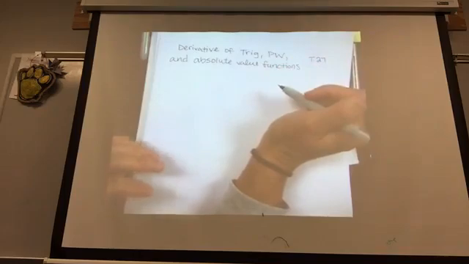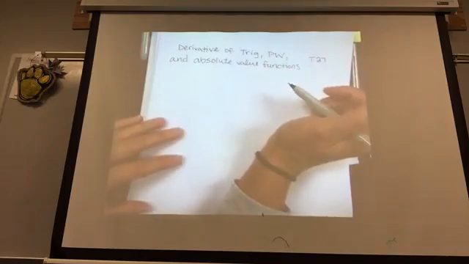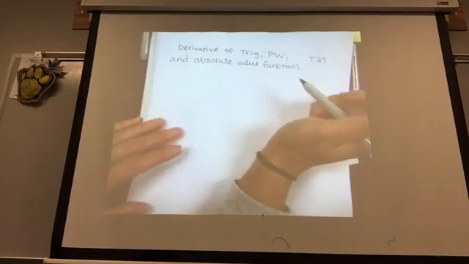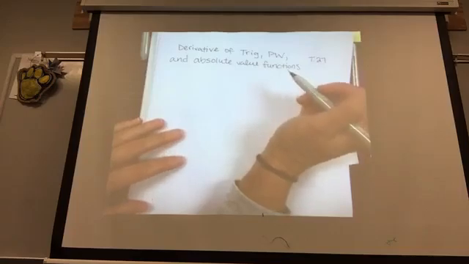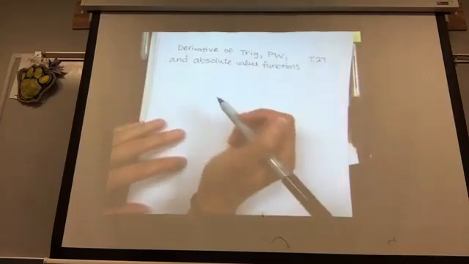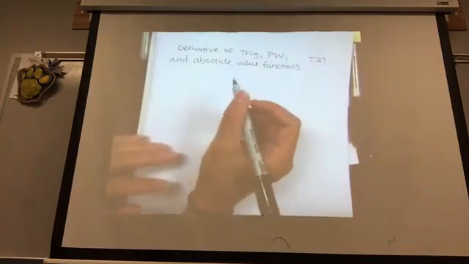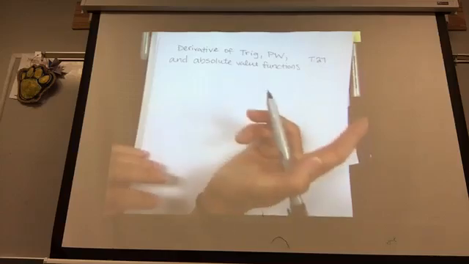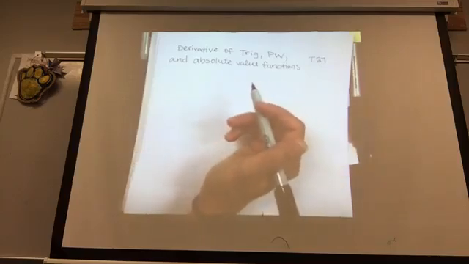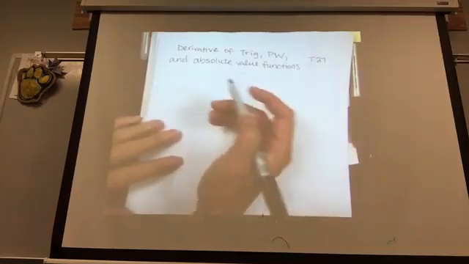The derivative of the trig functions is what we'll start with, and honestly they're just things you have to memorize. There's 6 of them: the sine, cosine, and tangent, and their reciprocals.